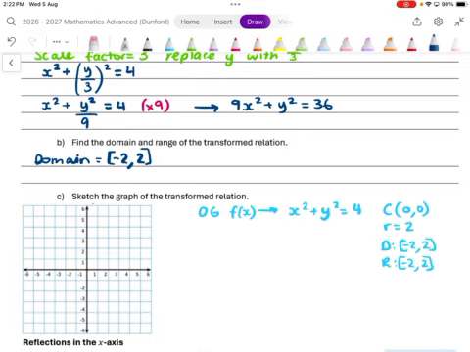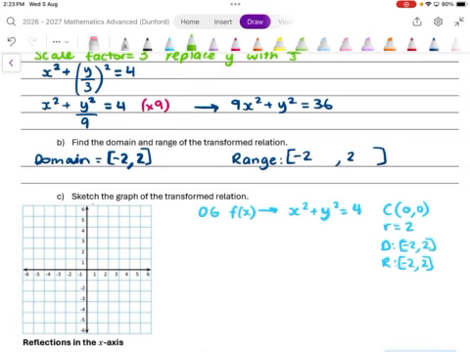Anyway, so our domain is still -2 to 2. What do we think that scale factor of 3 does to our range? It does make it an oval, Kalana. So our range was -2 to 2, right?